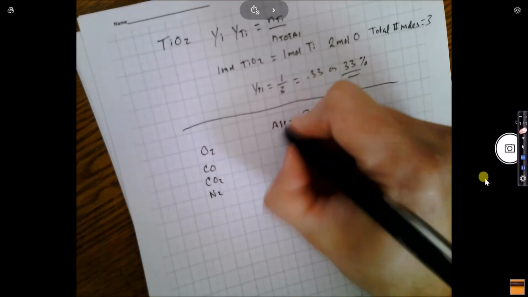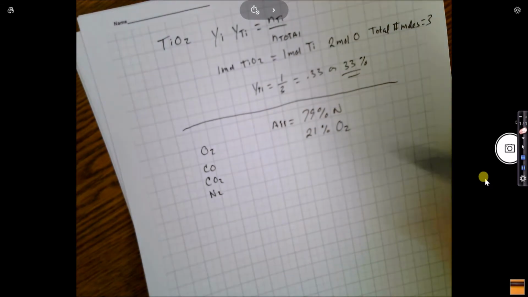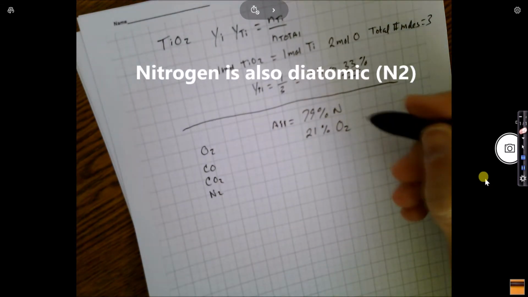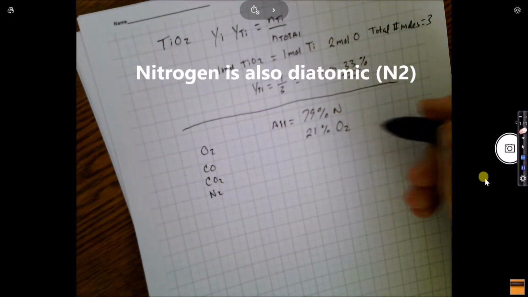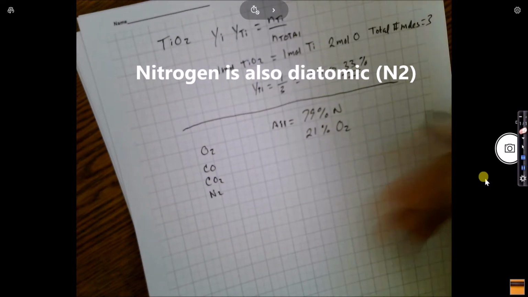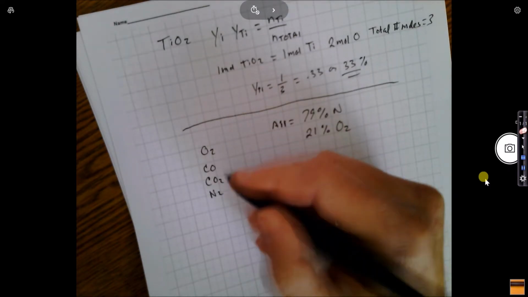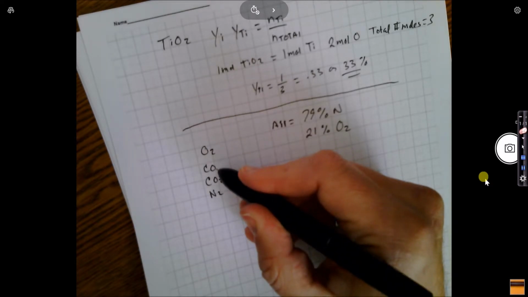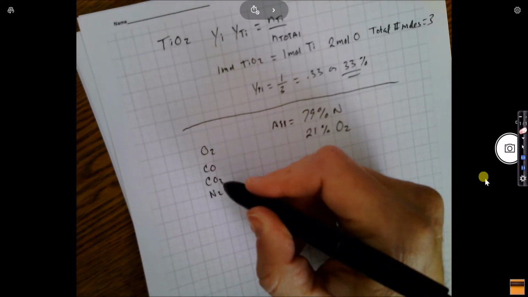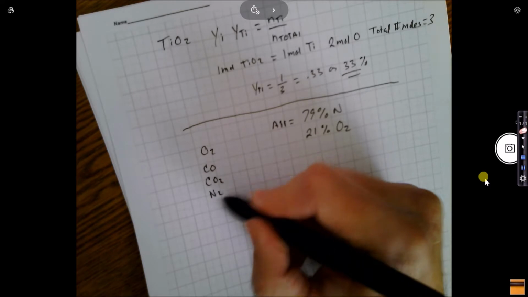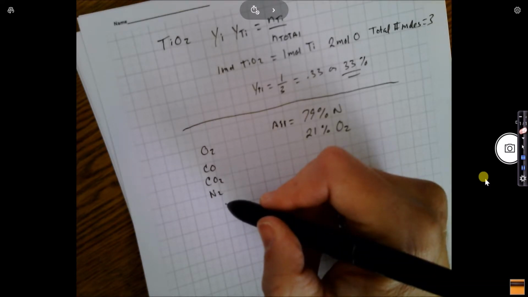Air is generally nitrogen and oxygen in this ratio of 79 and 21%. An example of gases in typical exhaust is oxygen, carbon monoxide and carbon dioxide from the combustion process, and then nitrogen also from air, which is generally inert, so we don't really consider it in reactions, but we have to consider it in terms of a mass balance.